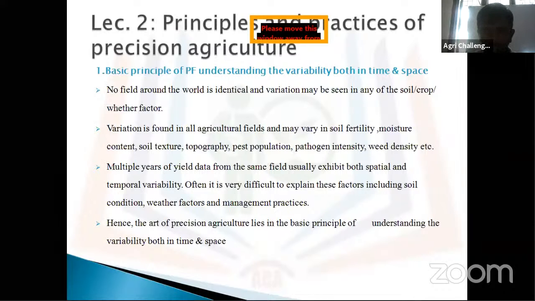Sometimes the weed density is more, then there is more uptake and less moisture availability. Then soil texture may vary, and topography, undulation.